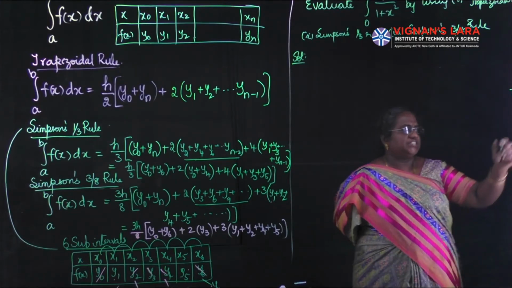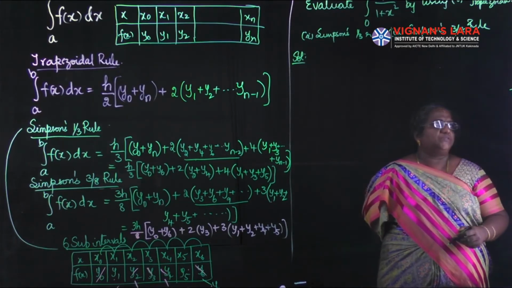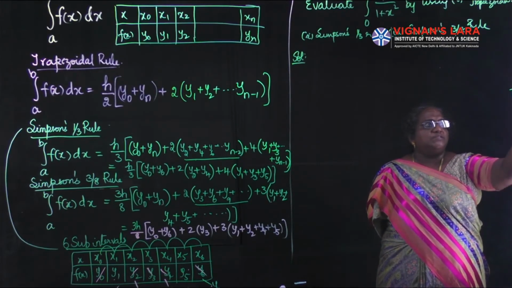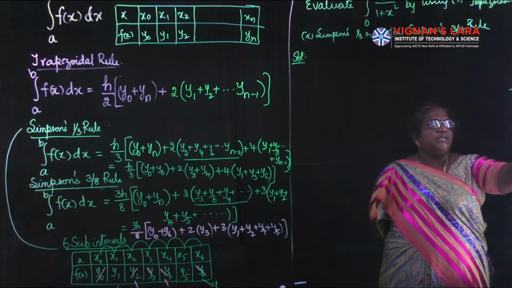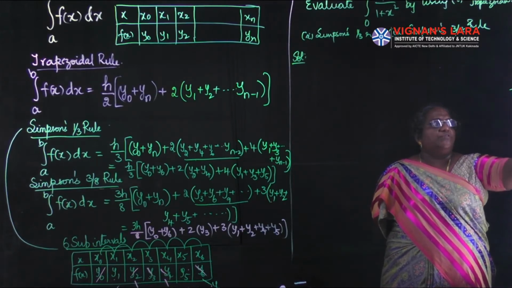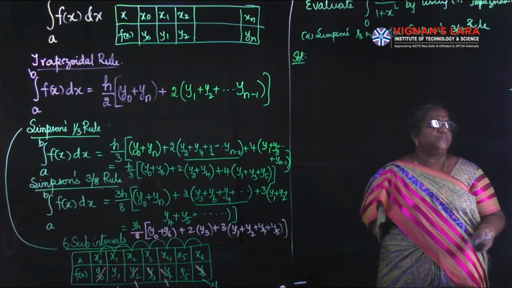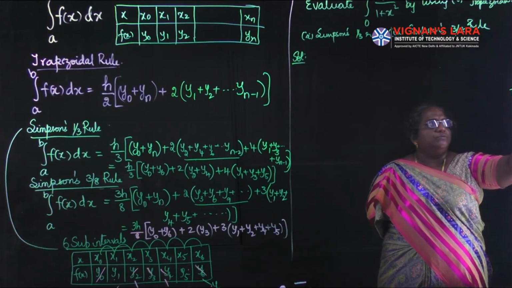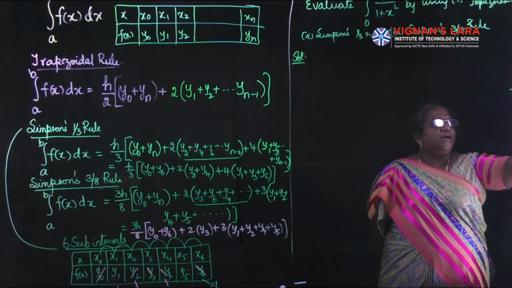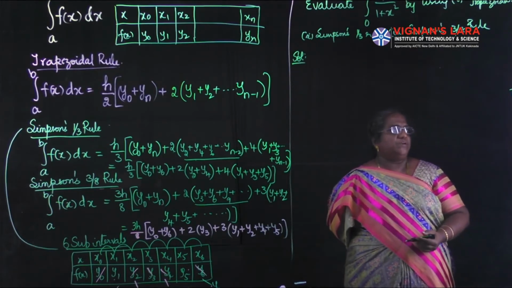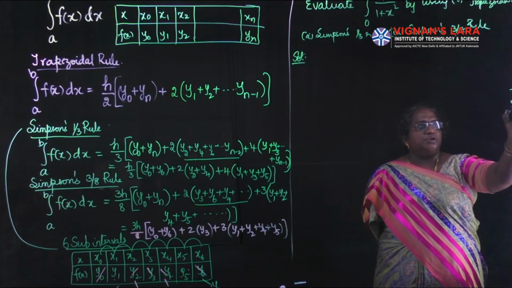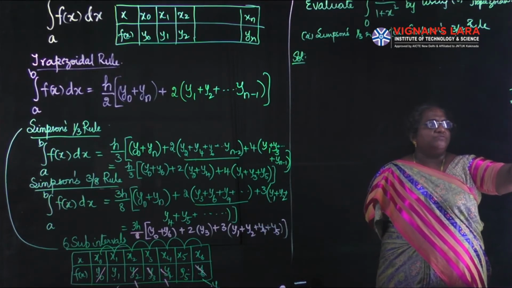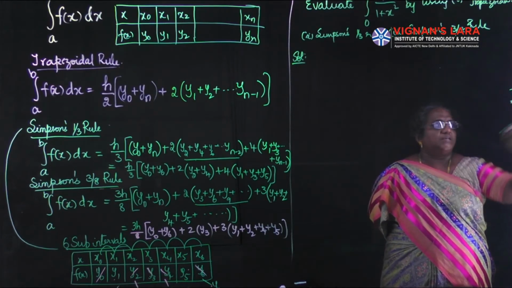So h is equal to 1. 6 by 6 is 1. Means 0 plus 1, 1. 1 plus 1, 2. 2 plus 1, 3. 3 plus 1, 4. 4 plus 1, 5. 5 plus 1, 6. See the number of subintervals: 1, 2, 3, 4, 5, 6. 6 subintervals. So these are x0, x1, x2, x3, x4, x5, x6.